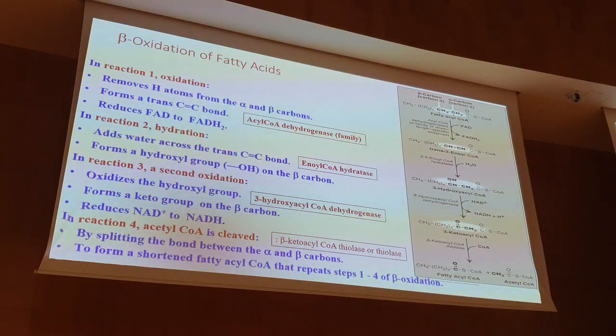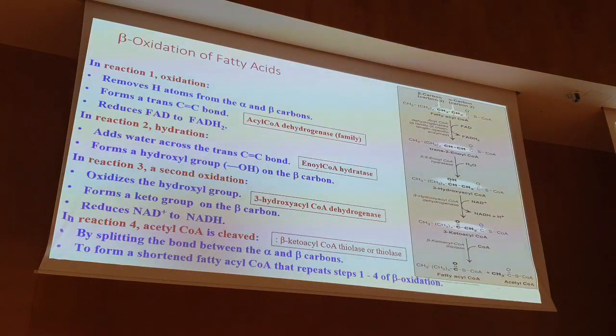So I make one molecule of NADH. And then I come down to the bottom where I have a ketone, and now I cut 2 carbons off from the chain to give me an acetyl-CoA on the right-hand side and a fatty acyl-CoA that is 2 carbons less than what I started with.